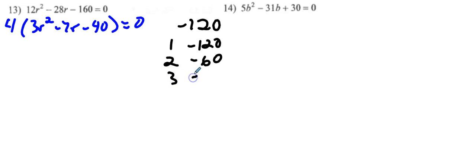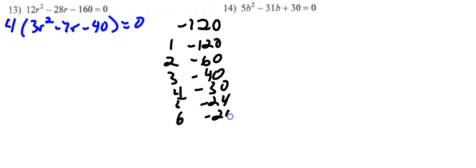3 and negative 40, not even close. 4 and negative 30, still not close. 5, negative 24. 6, negative 20, getting closer, we're at negative 14. 7 doesn't go into 120. 8 and negative 15, and if we add those together, we get negative 7.